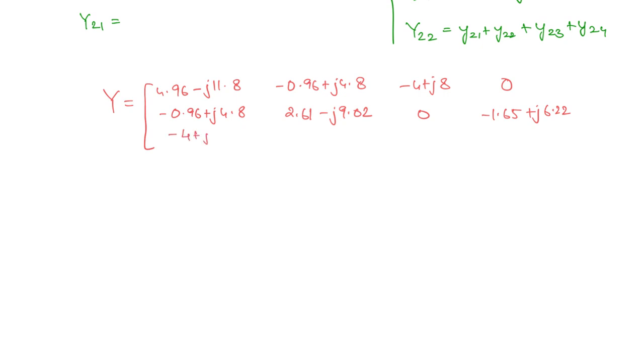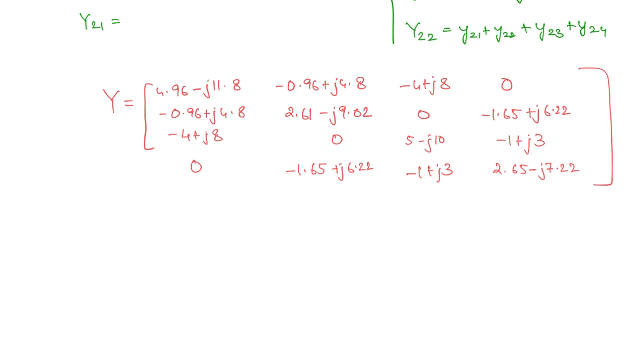Minus 4 plus j8, 0, 5 minus j10, minus 1 plus j3. 0, minus 1.65 plus j6.22, minus 1 plus j3, 2.65 minus j7.22. This is the final admittance matrix.